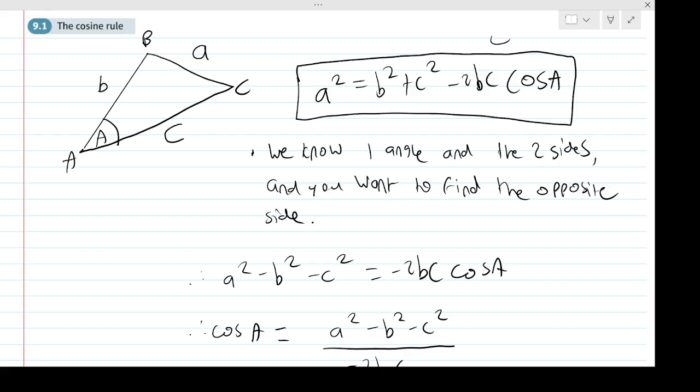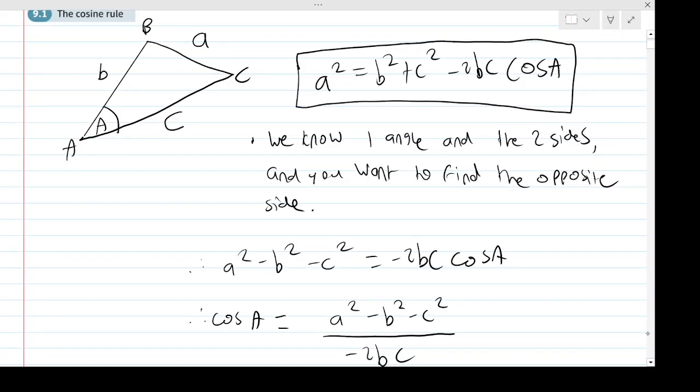Or really you can just substitute the values in and then solve for cosine of A, so you don't really need to rearrange it per se. We'll see in some examples how we use the formula, but those are the two formulas we'll be working with. As for proving it, you don't need to prove it.